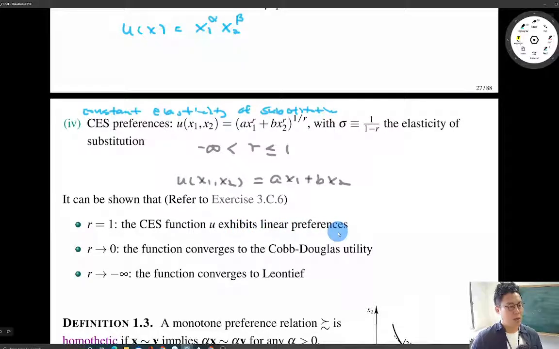The second fact is not straightforward, but it can be shown that as r goes to 0, x1 to the power r approaches 1, but its exponent 1 over r approaches infinity. Remarkably, in that case the function converges to the Cobb-Douglas utility, x1 to the power a and x2 to the power b.